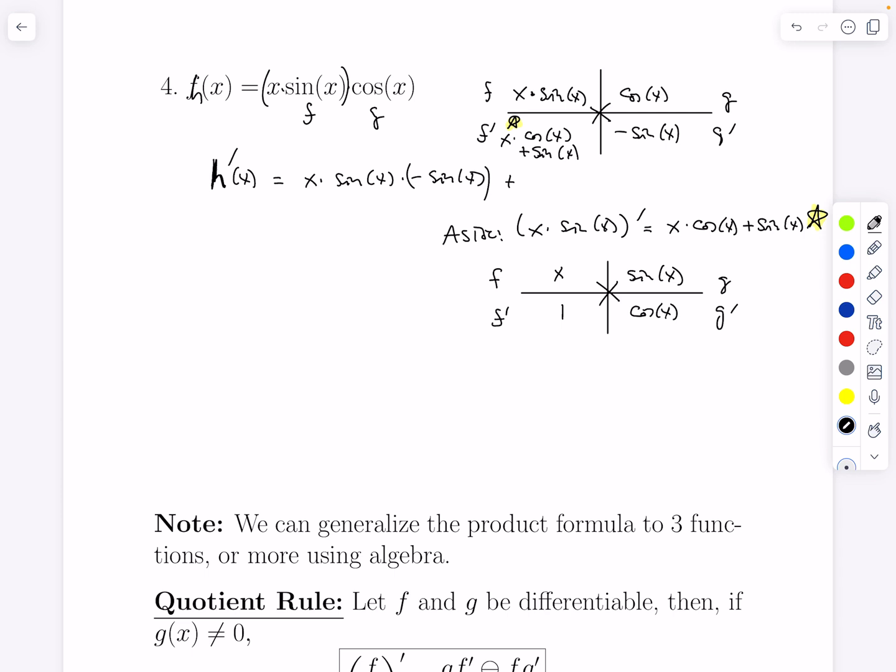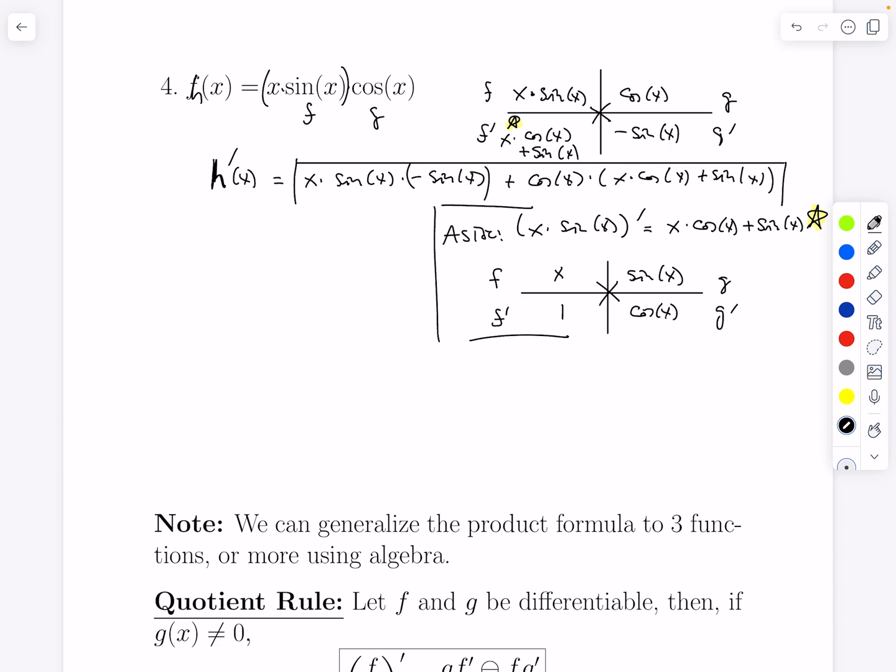Plus cosine x times cosine x plus sine x. And now you might say, well, that's pretty long. And that's right. But we could do it by dividing it up into little steps. Yeah? And we could make it nicer, but we won't even do this here. That is totally fine. Yeah?